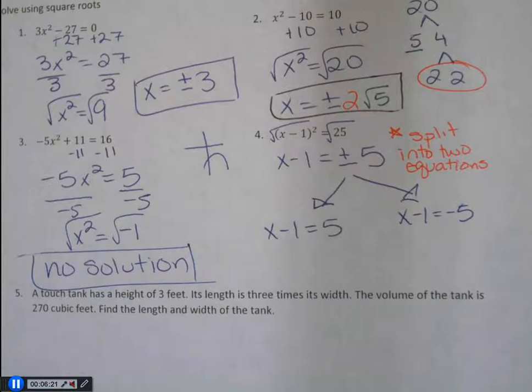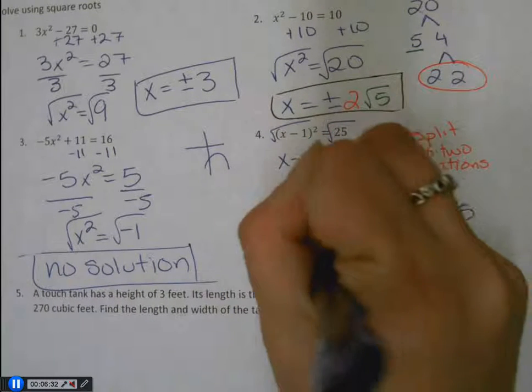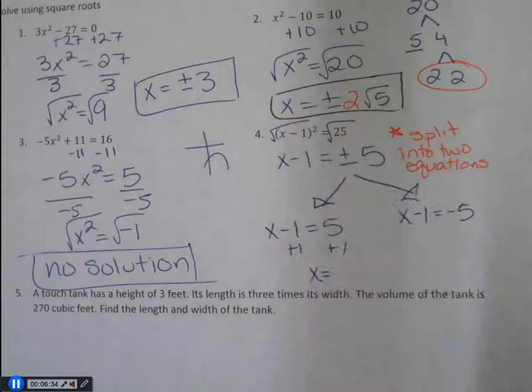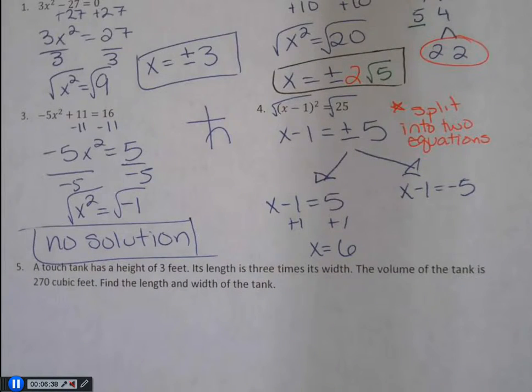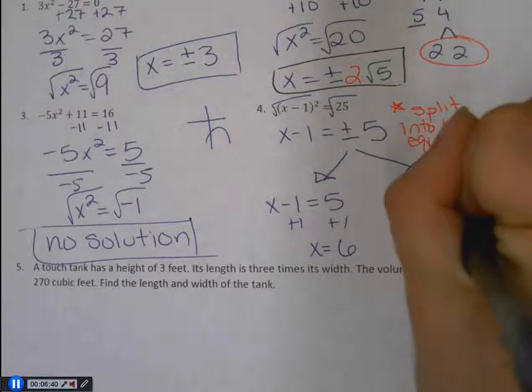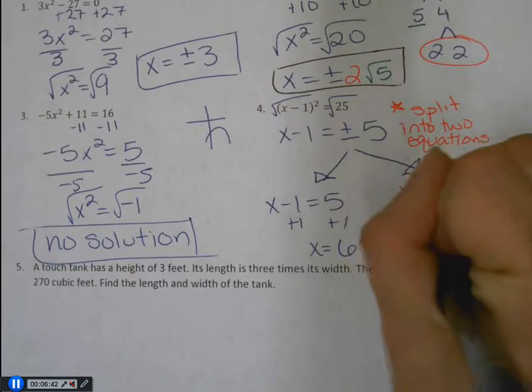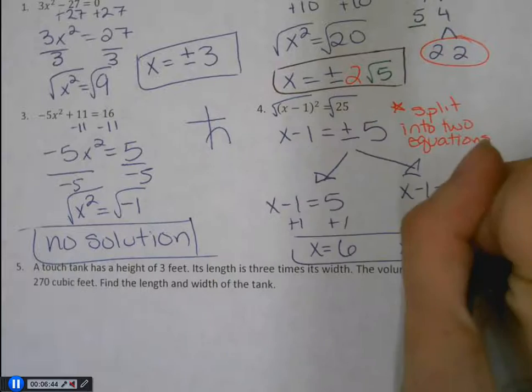Does everyone understand where my 2 equations came from? Okay, so to solve my first equation, what do I want to do? Add 1, and I get x equals 6. On the second one I want to add 1 too, and this time I get negative 4. Questions on number 4?